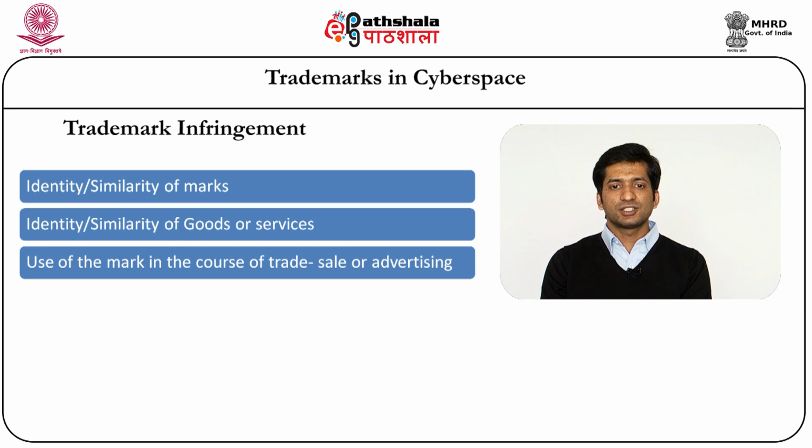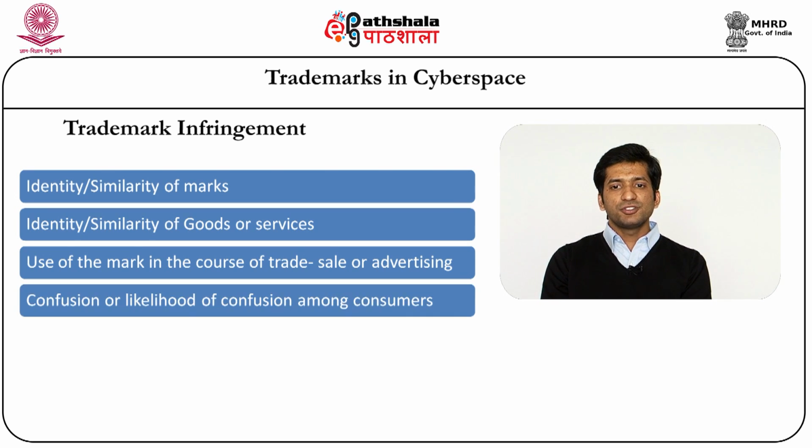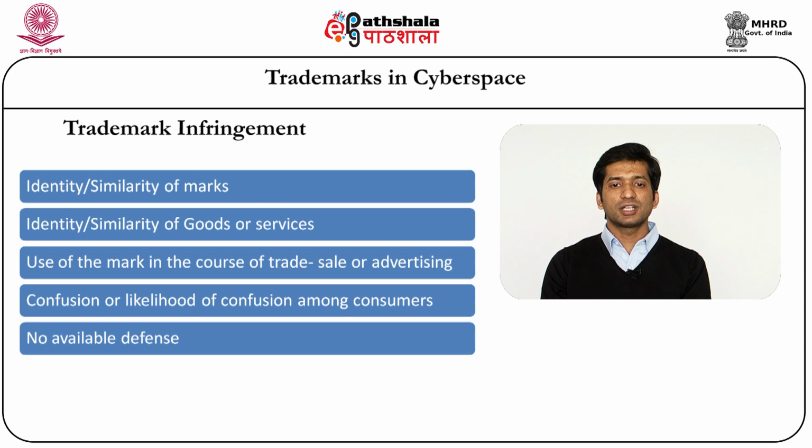The fourth essential factor is there has to be a confusion or likelihood of confusion that is caused by the use of the subsequent mark among the consumers, and the user of the subsequent mark should not have any available defense to save him from a strong case of trademark infringement.